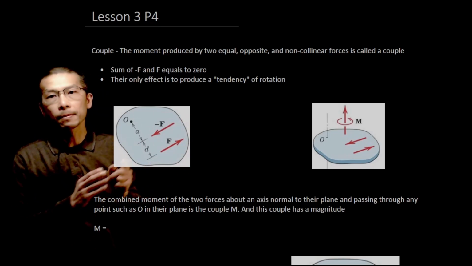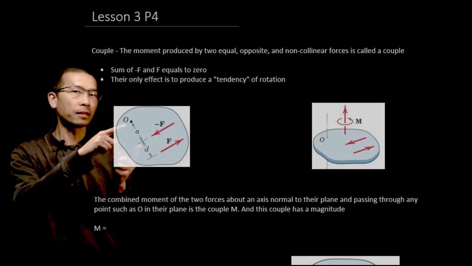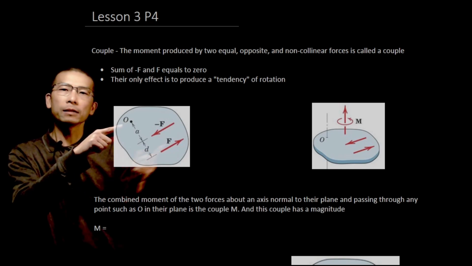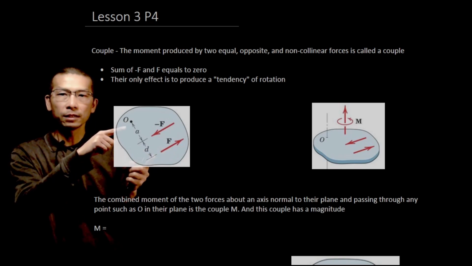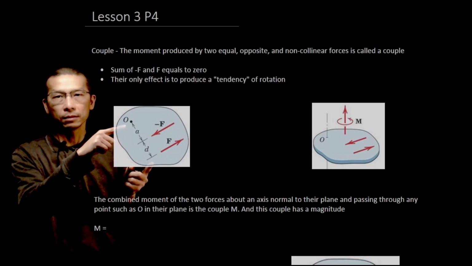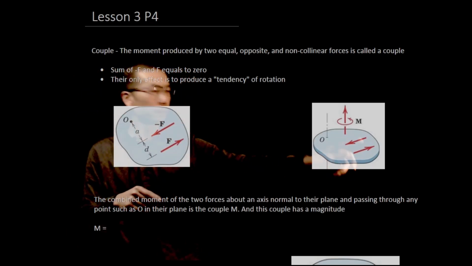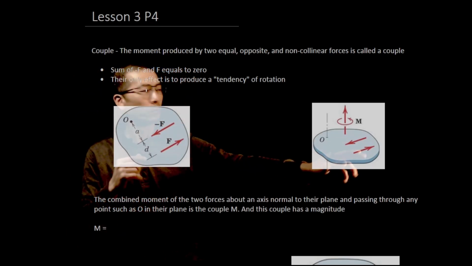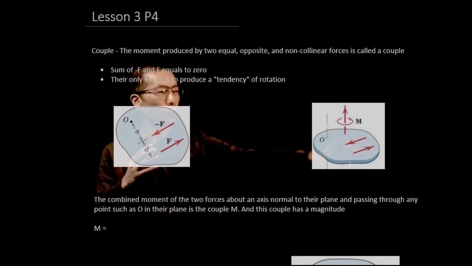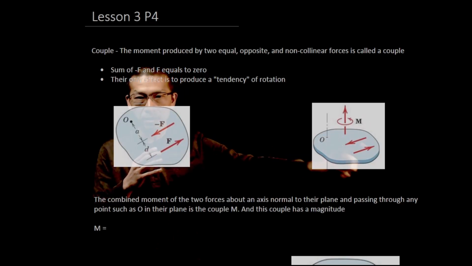So let's say we have minus F, that's a distance minus d away from the point of interest O, and another force F that's a plus d away from the point of interest O. And you can see, instead of expressing two forces here, we can simply use one moment, this moment here, to represent the two forces.